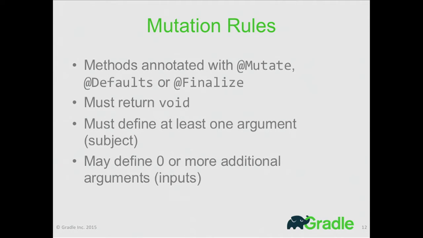Creation or mutation rules can optionally define any number of additional arguments, and those arguments will be the input to that rule. So I'm basically defining that my rule modifies this thing, and I need the information from these things in order to perform that logic.